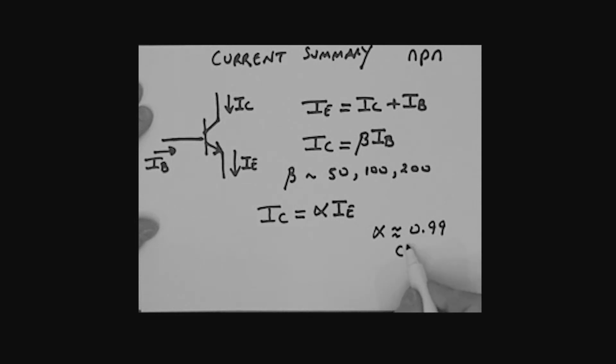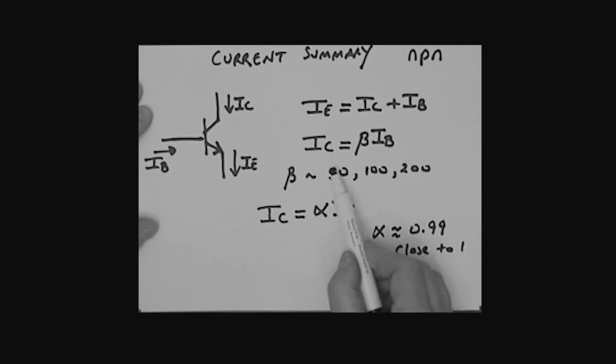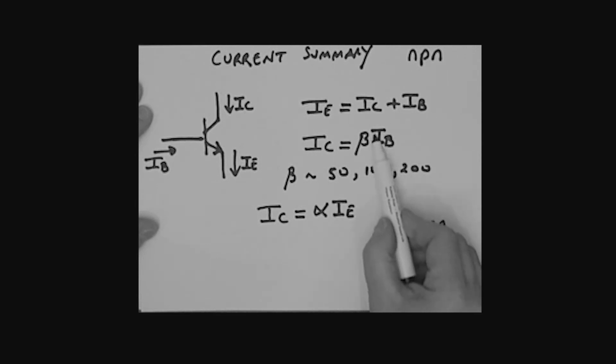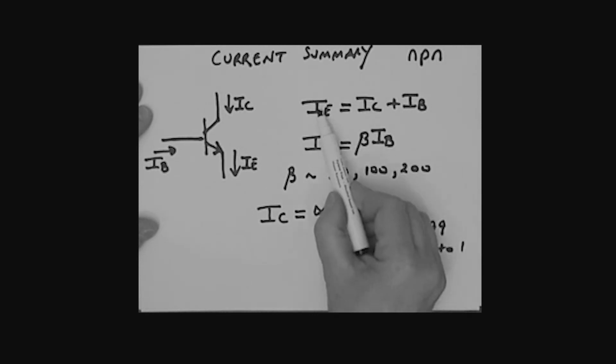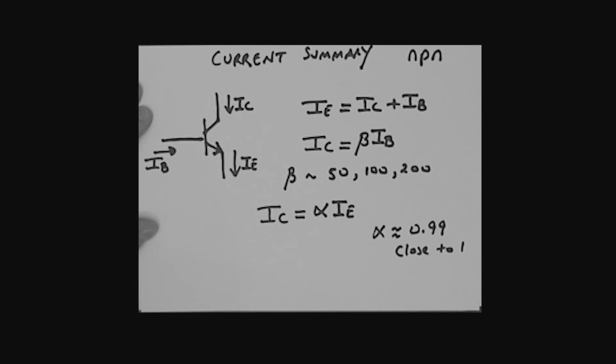In other words, it's close to 1. So that means that the collector current is approximately equal to the emitter current. And isn't that true? If I look at that first equation, remember, the base current is very small compared to the collector current. So if this is very small compared to this, then this is approximately equal to this.